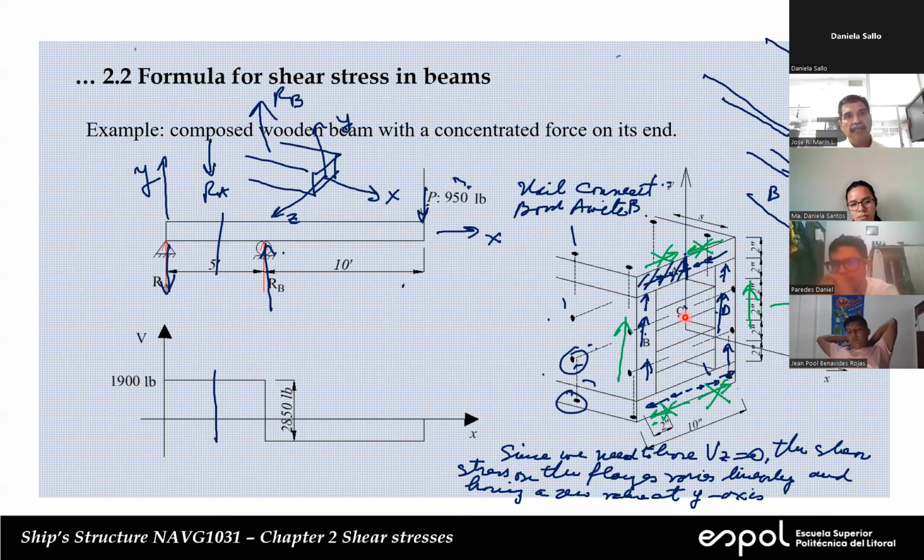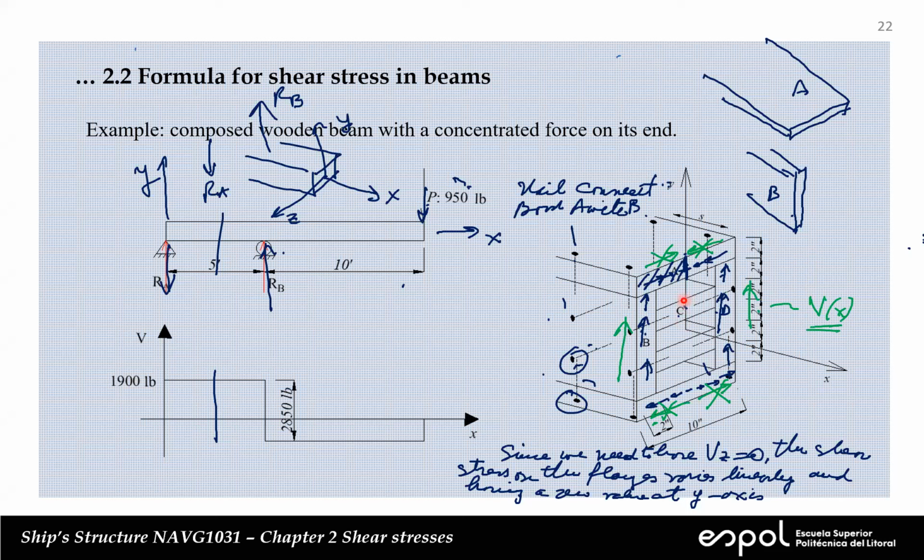Yes, doctor. It's 0. Exactly. So in the first cut, you are going to calculate the shear stress. In the other cut, on the center line, the shear stress is 0. So you have one equation, and with that equation, you can calculate the one single value of the shear stress. So the area will be slightly different than this one here, and the distance definitely will be also different. Okay. So let's go.